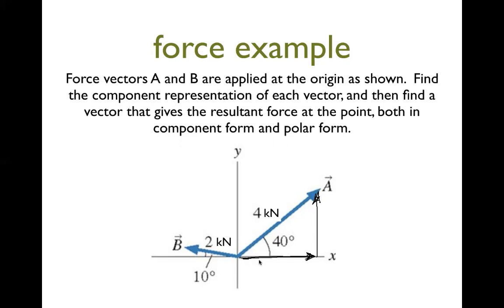So how am I going to get this horizontal component? Multiply 4 by the cosine of 40 degrees. Yeah, so this should look very familiar as a trig situation. We've got the angle here, we've got the hypotenuse, and then our components are the two legs of a right triangle. So 4 cosine 40 and 4 sine 40.